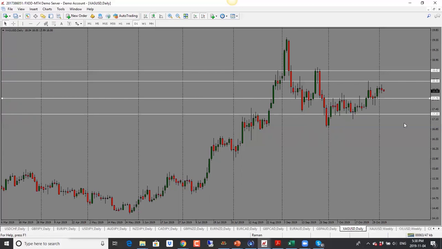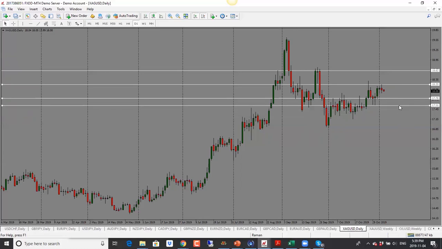I would look for price to drop further towards 17.80. So bias here is bearish for silver today. And if it goes through 17.80, then we're looking at 17.56.